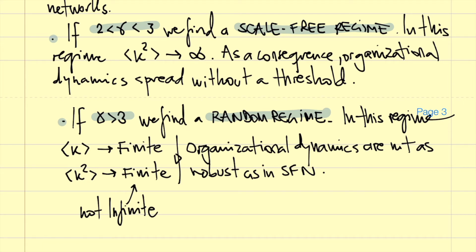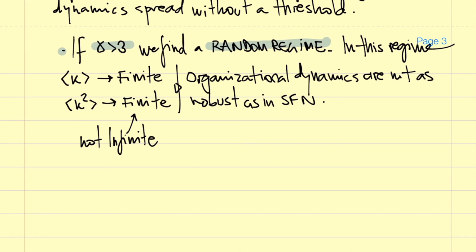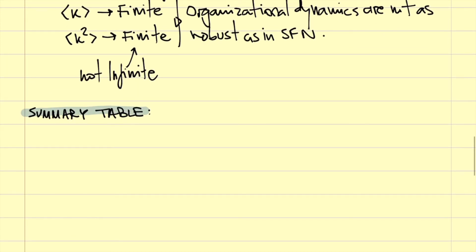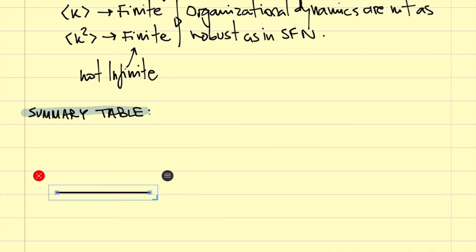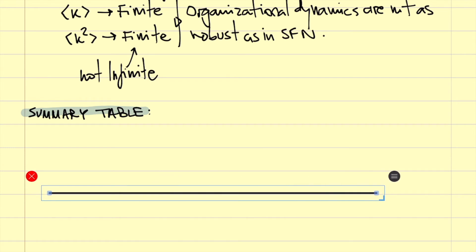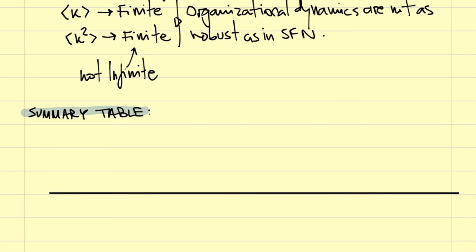Okay, so I give you a summary table. And with this, we end the network theory applied to project management and process management. Summary table in which we have gamma, okay?